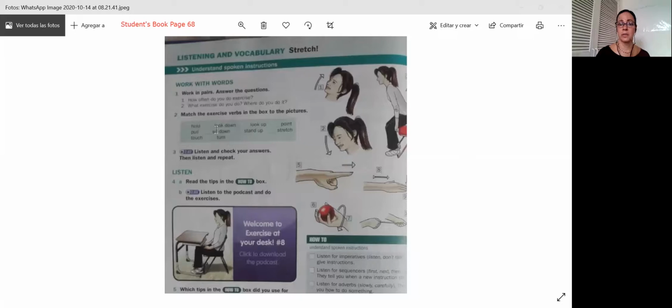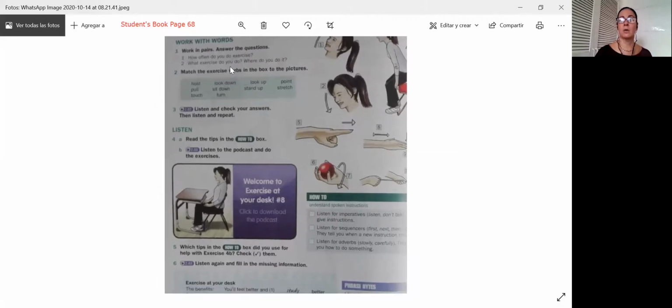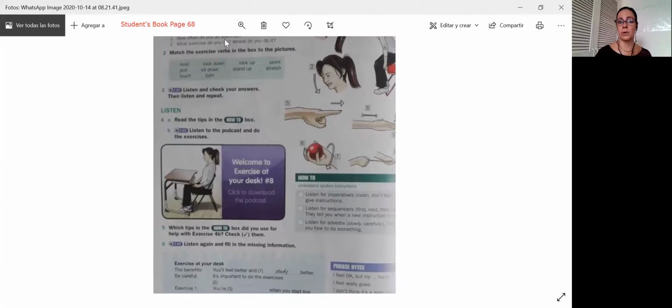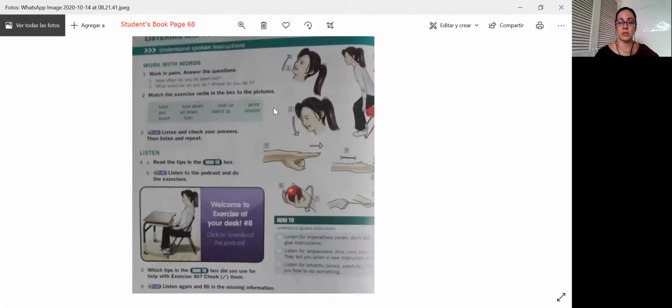Okay, now we're going to continue with page 68, and we have the vocabulary for stretch. We'll work with these words about exercise and how we do exercise. So these are the exercise verbs, and we have these pictures, so we have to match them. Hold.